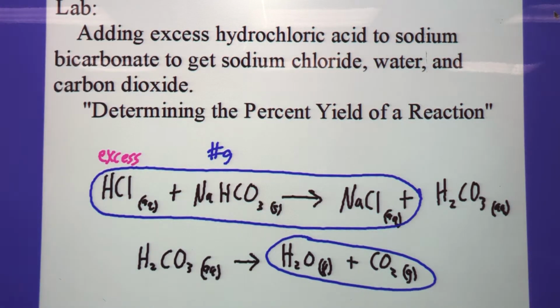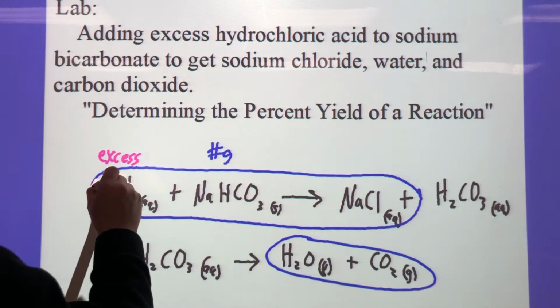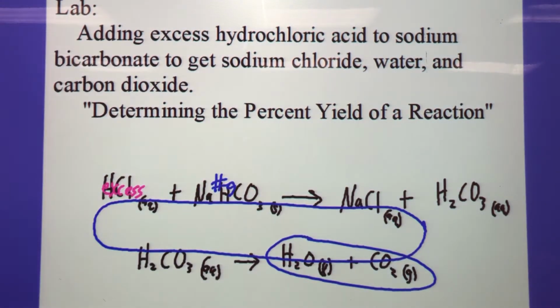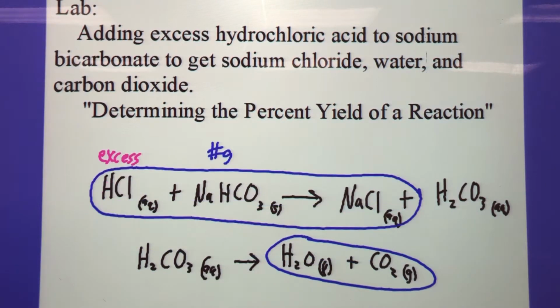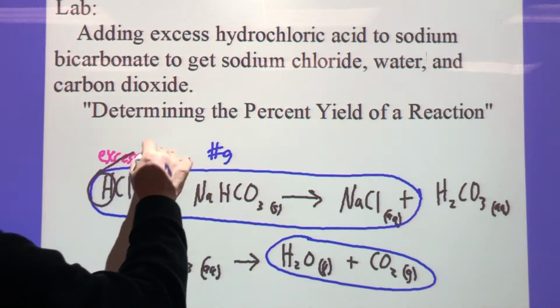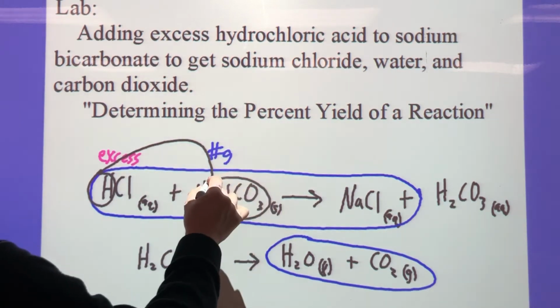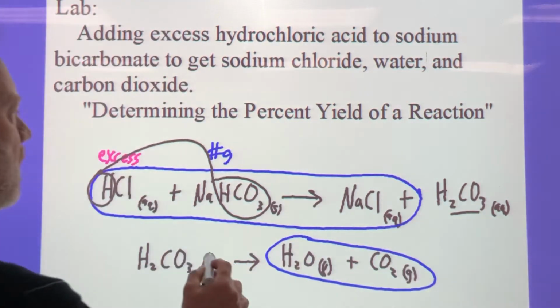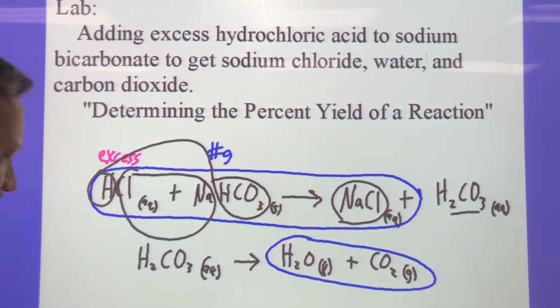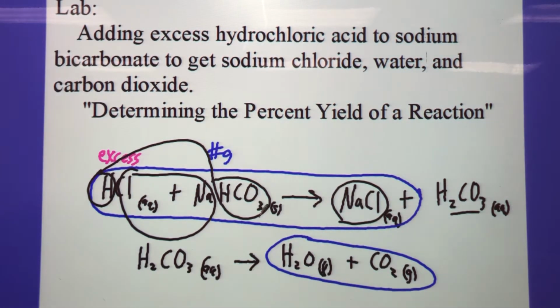Notice that if you pair up the H here with this part, you get H2CO3. If you pair the Cl and the Na, you get NaCl.